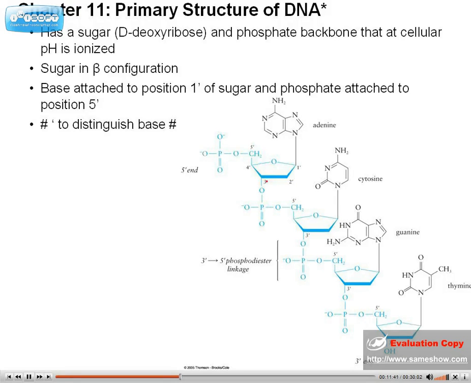We assume that if we were to cut a fragment of the DNA, on one side of the DNA, the very last phosphate would be connected to the 5'. We assume at the very end of the other one, the very last phosphate that would be connected would be to the 3'. You may see it differently. Sometimes they have a phosphate here, other times they just have an alcohol present.